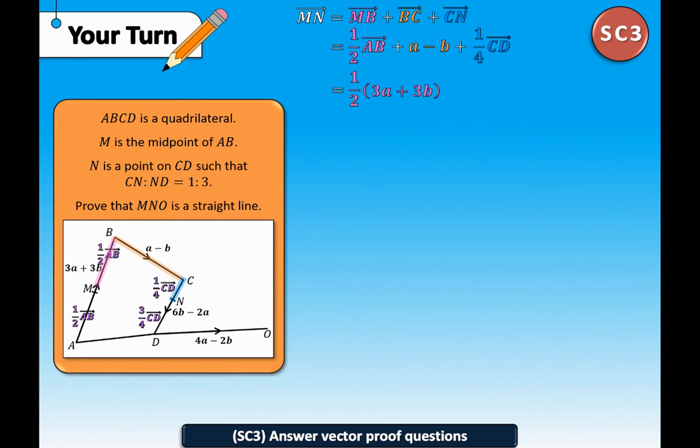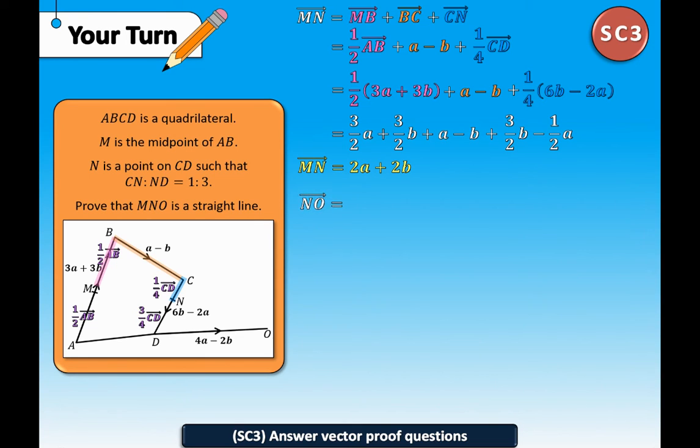We need to work out AB, which is 3a plus 3b, and CD is 6b minus 2a. Again, expand the brackets and then simplify. So MN is 2a plus 2b.